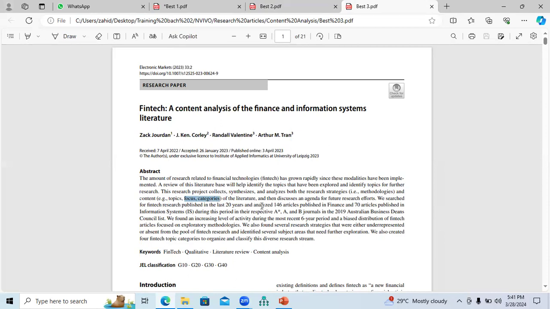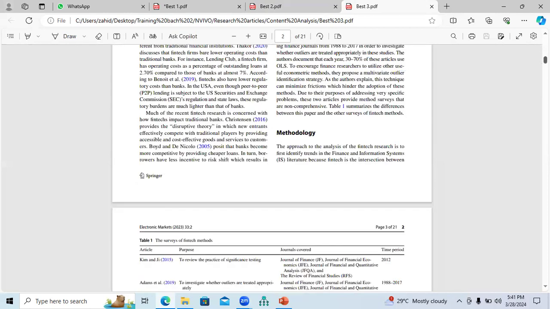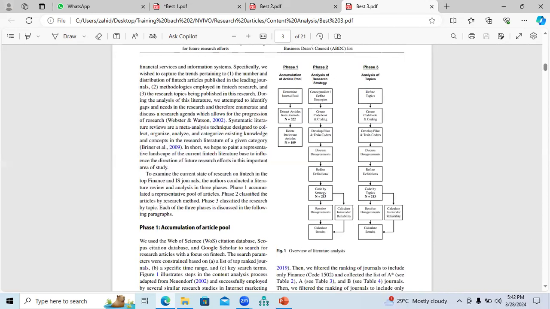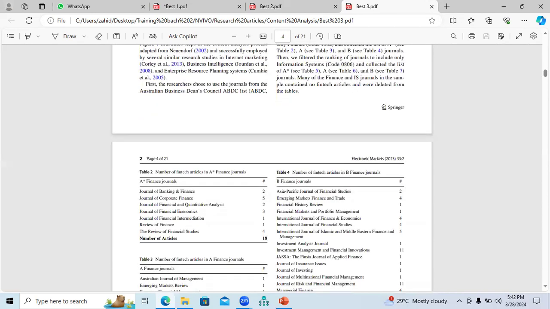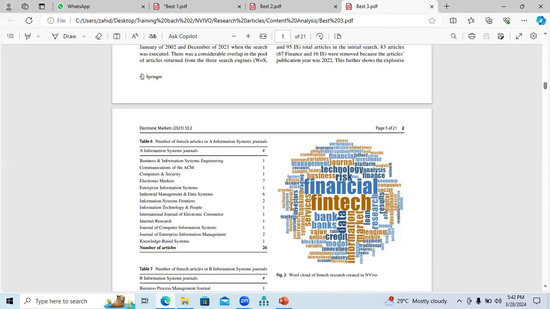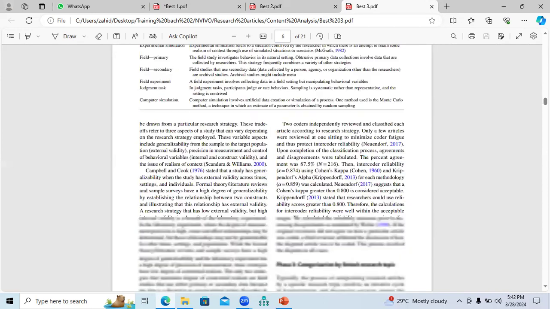They have identified 146 articles within the last 20 years and 70 articles published in information systems during this period. So they have identified how the content analysis works with this particular phenomenon. This is the word cloud they have created. So fintech and financial technology were more frequently used in these articles.